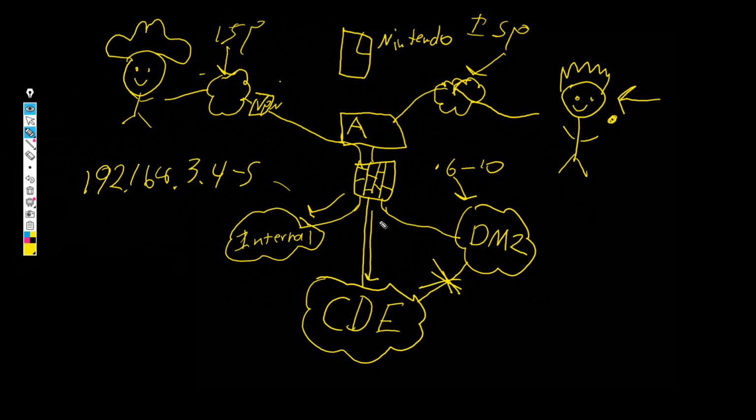Now, you technically don't want your internal network directly connected to your CDE as well, because what if this guy is a hacker? Well, he may get to the internal site through the firewall, because the firewall has very, very high standards for CDE connectivity, right?